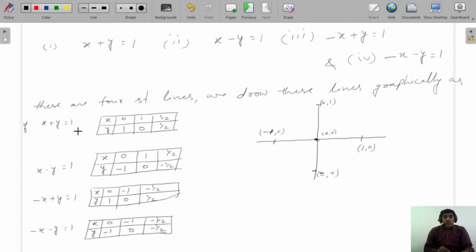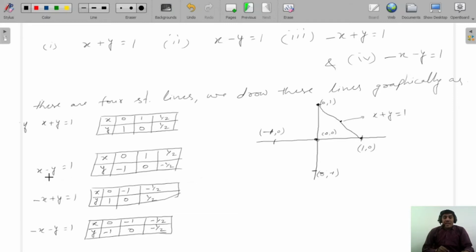Now, for the first table, when x is 0, y is 1, this is the point. When x is 1, y is 0, this is the point. And when x is 1 by 2, y is also 1 by 2, this is the point. Joining all these points, this line represents x plus y is equal to 1.